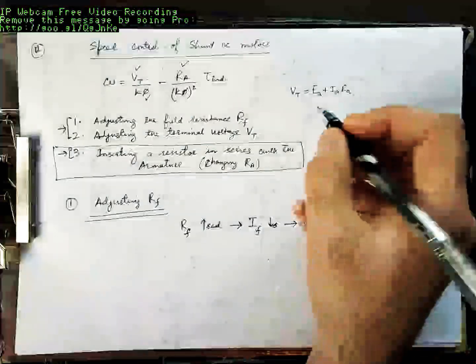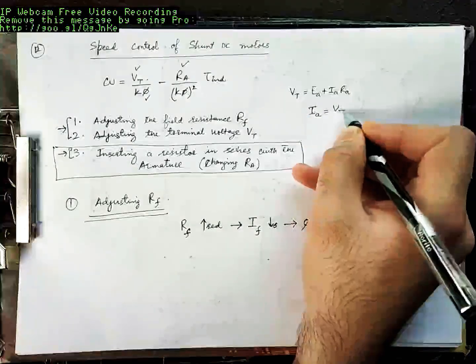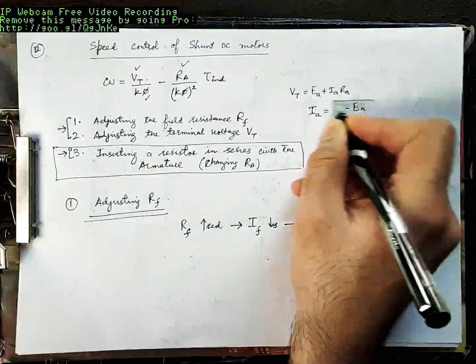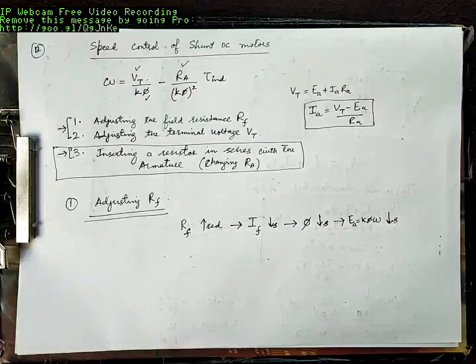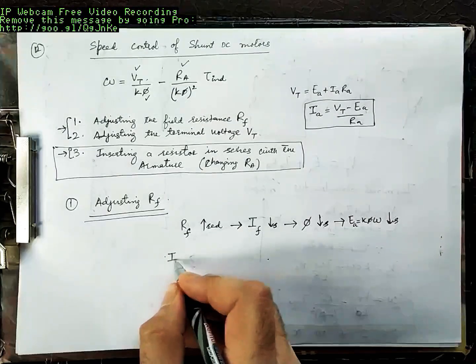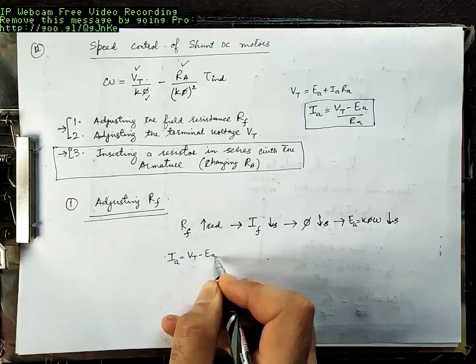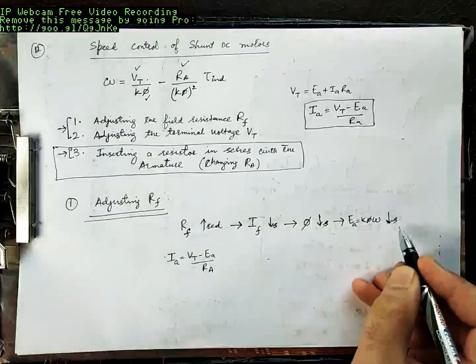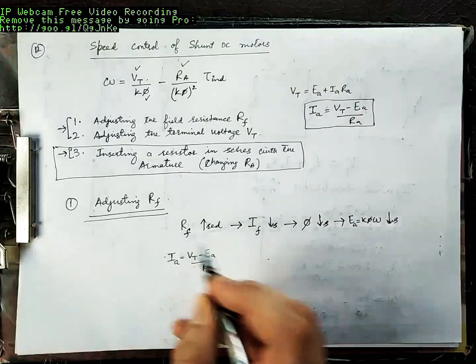Or from this you know IA, armature current, is equal to VT minus EA divided by RA. Since EA decreases, this term increases, so IA increases.